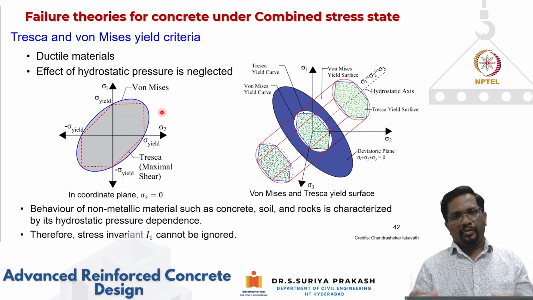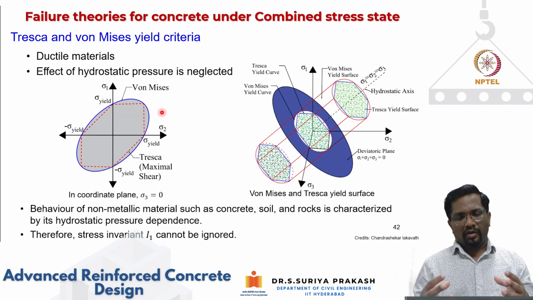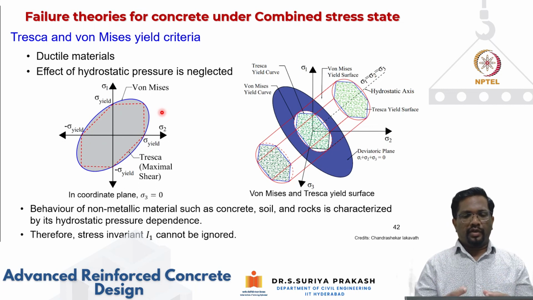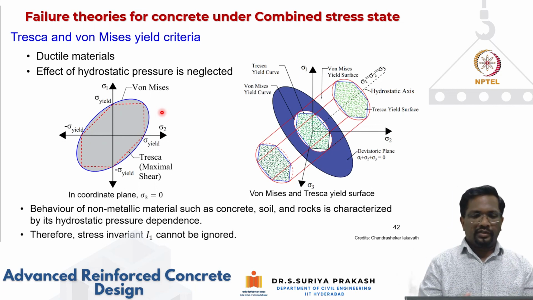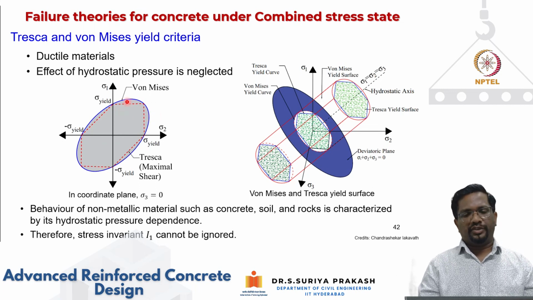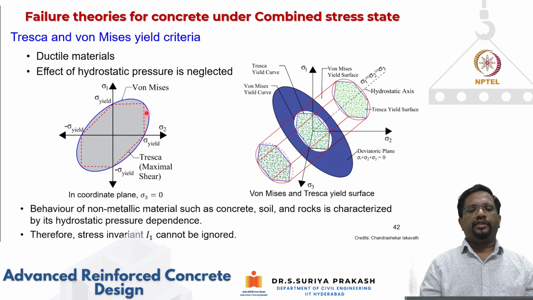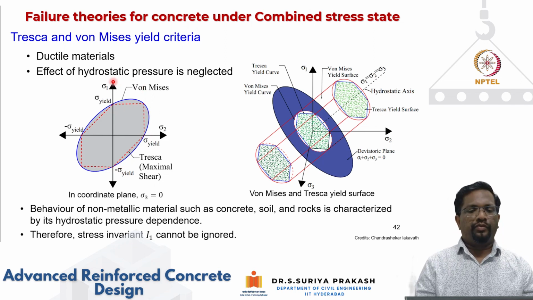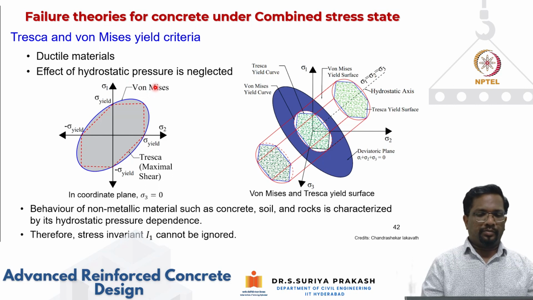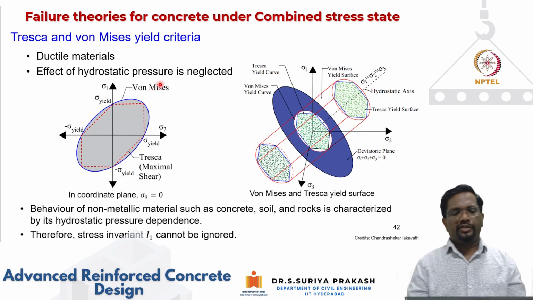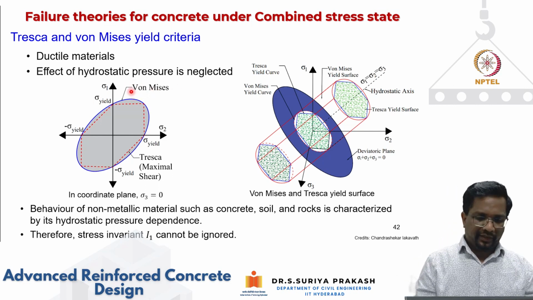It is not from the normal volumetric expansion or compression. Failure is governed by shear. So the failure criteria are independent of the amount of hydrostatic pressure, and the effect of hydrostatic pressure is neglected in these yield criteria.